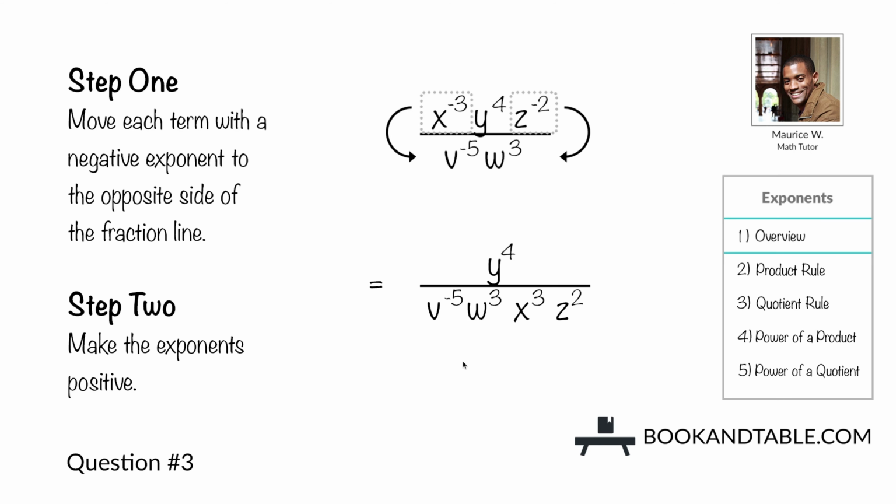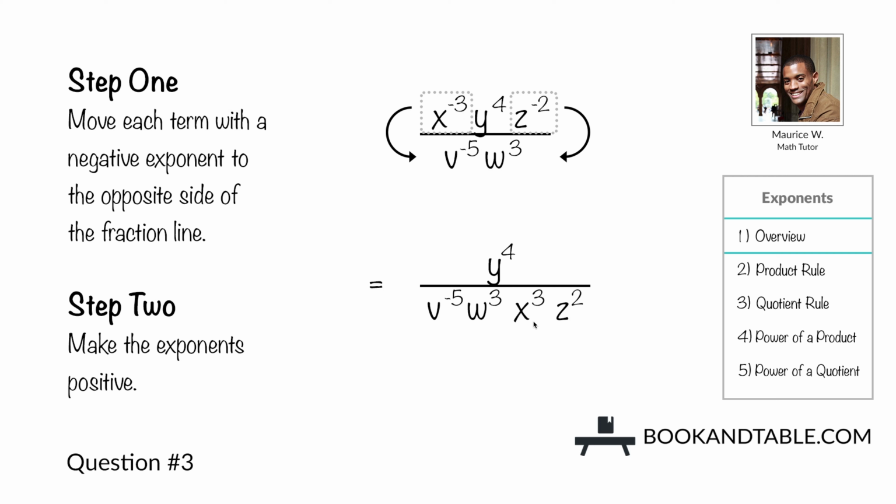Then question number 3, we have multiple terms in the numerator and the denominator. So we'll first work with the numerator. Step 1, move each term with a negative exponent to the opposite side of the fraction line. And then step 2, we make the exponents positive. In our numerator, the terms with negative exponents are x and z.